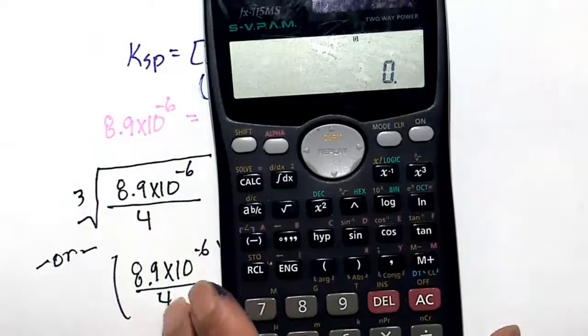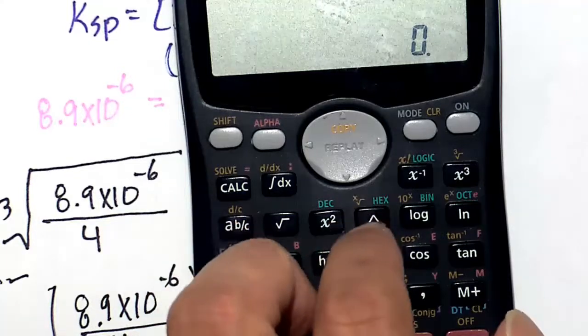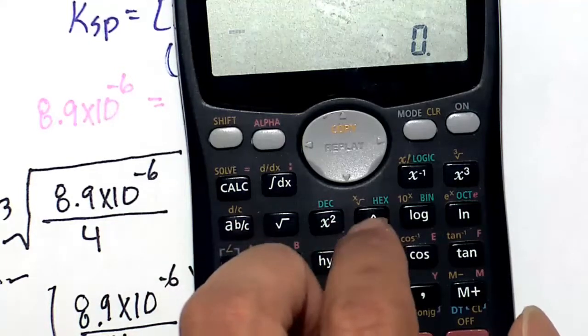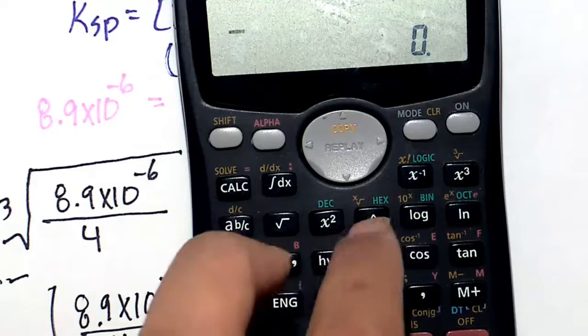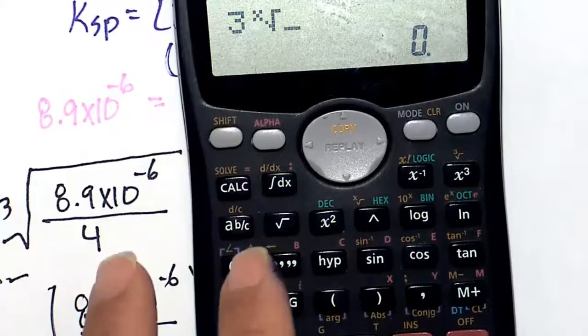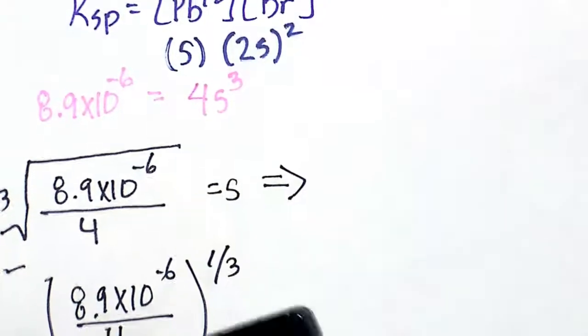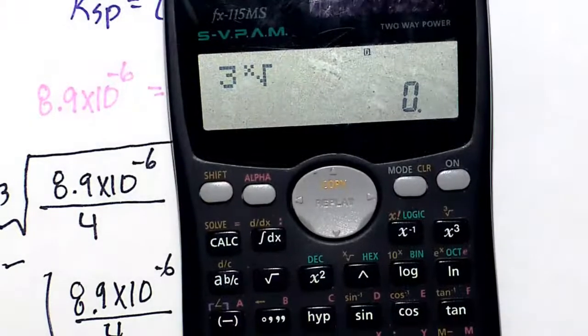So doing this on our calculator, we will see here that that is the x square root. So you can do a cube root or fourth root. It's above the caret sign, so you have to hit shift. So it's going to be a cube root. So 3, shift that cube root because it's 3. If it's going to be a fourth root or a fifth root, you'll do 4 or 5. And then we'll put in that fraction.